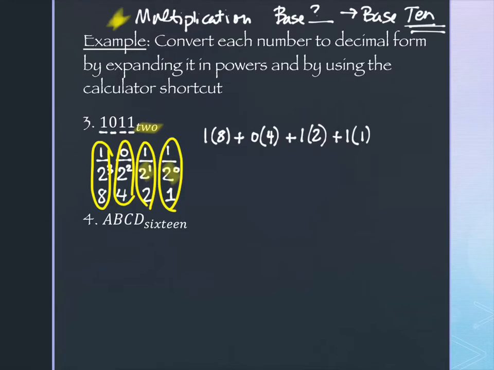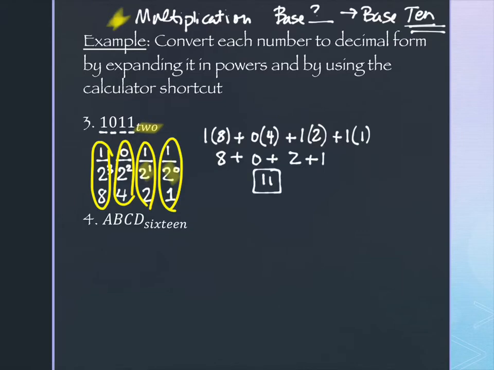We multiplied the symbols, whatever the symbols were added together and so forth, times the place value. I'll be a little bit more clear than is necessary. 1 times 8 is 8. 0 times 4 is 0. 1 times 2 is 2. And 1 times 1 is 1. So I have 8 plus 0 plus 2 plus 1, which gives me 11.